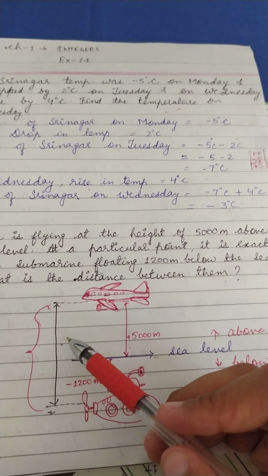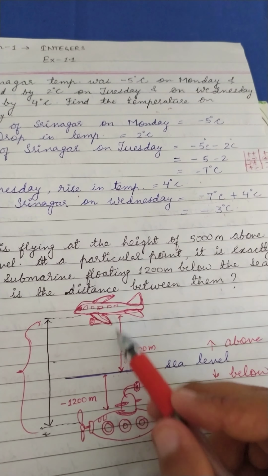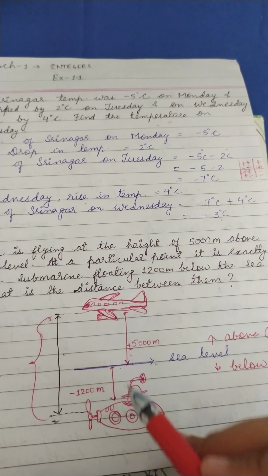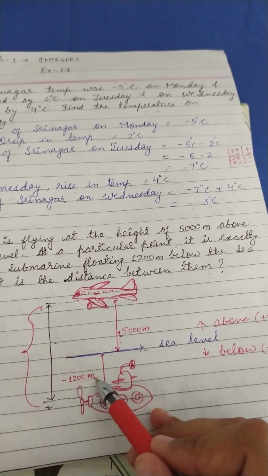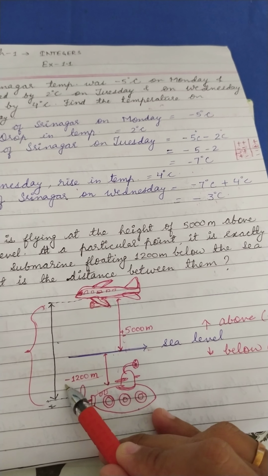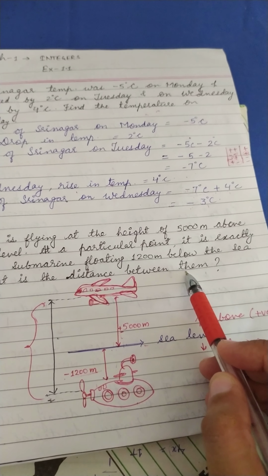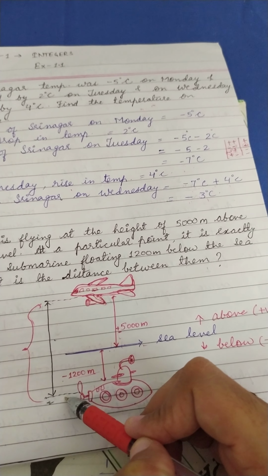Okay, so here the distance or the height of plane from sea level would be in positive, and the distance of submarine from the sea level would be negative. Now you have to find the distance between them. That means this to this distance you need to find out.